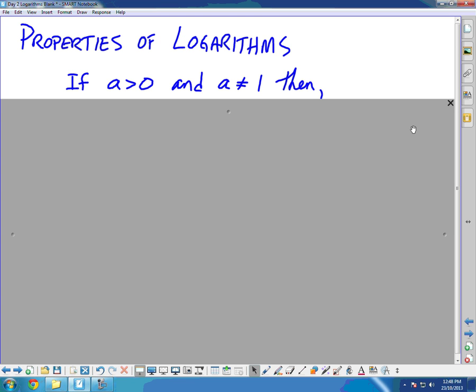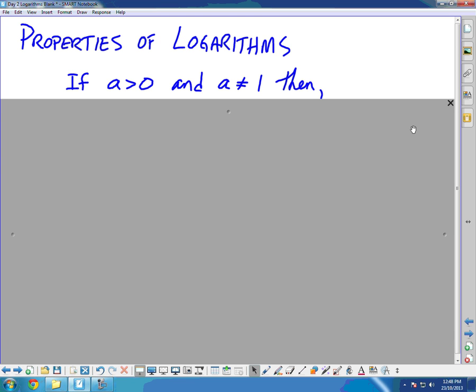So for all of these, we're going to recognize a few things. These properties only apply when your base is greater than 0. So we're not going to have any exponents that have a base of a negative number. We're only going to be looking at ones when a is greater than 0. Obviously not when a is equal to 0, because 0 to any exponent is 0, and it has its own rules.